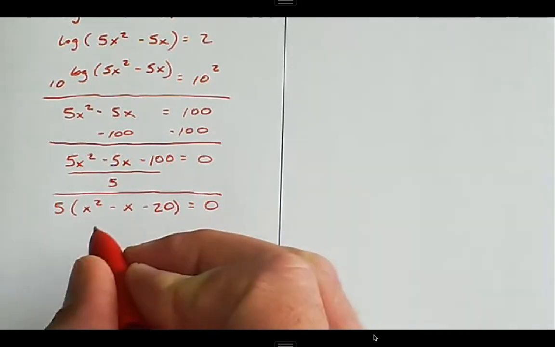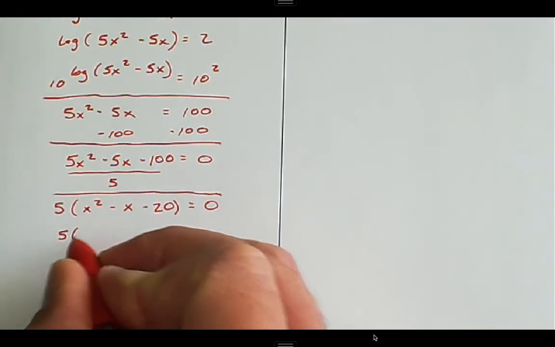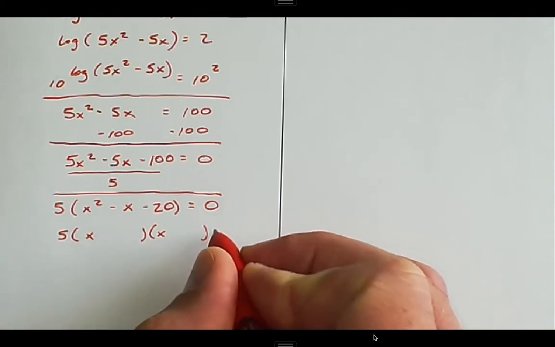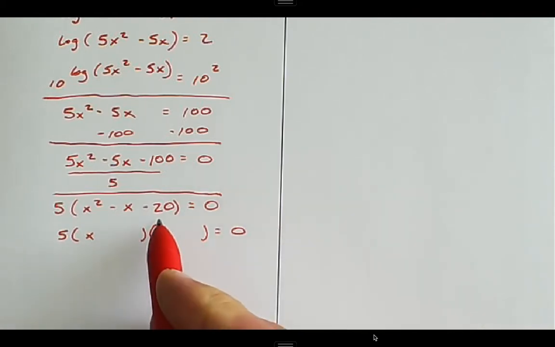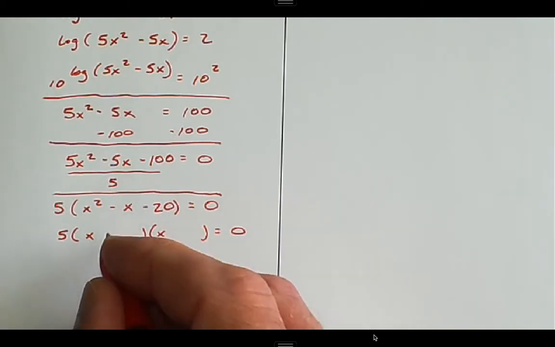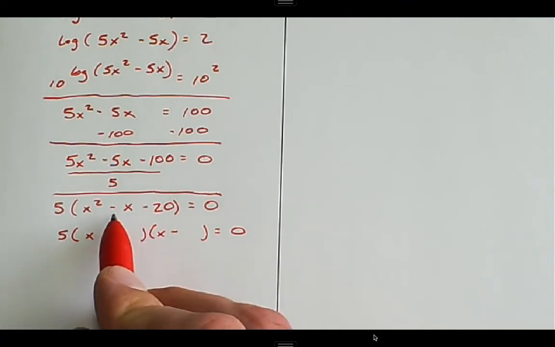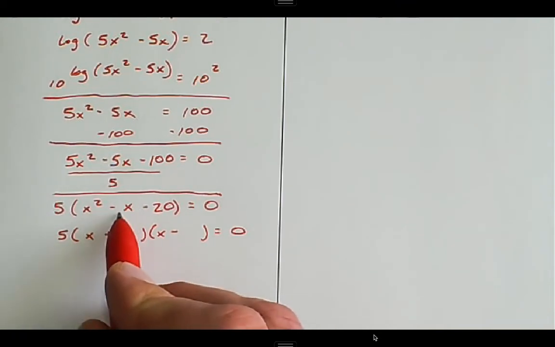And so we get 5 times x times x. And we need to make it equal to negative 20, so we need to have a positive and a negative. And the negative has to be bigger because we're left with a negative here.